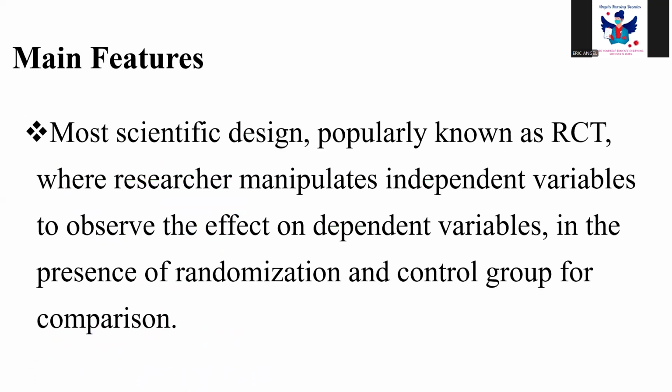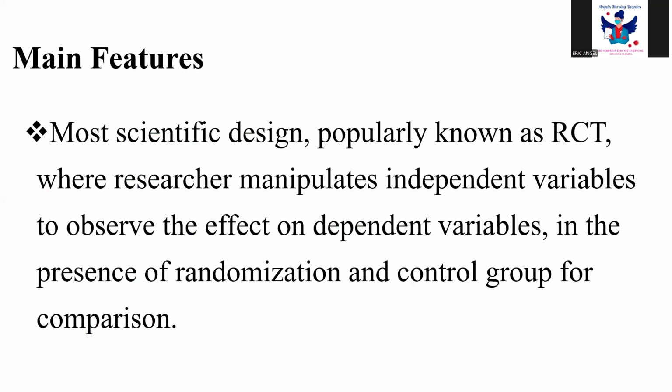Let's see the main features of experimental research design. Most scientific design, popularly known as randomized control trial, where the researcher manipulates independent variables to observe the effect on dependent variables in the presence of randomization and control group for comparison.